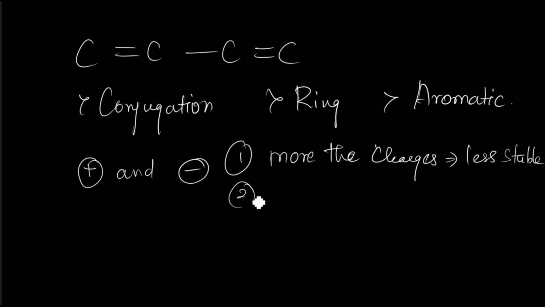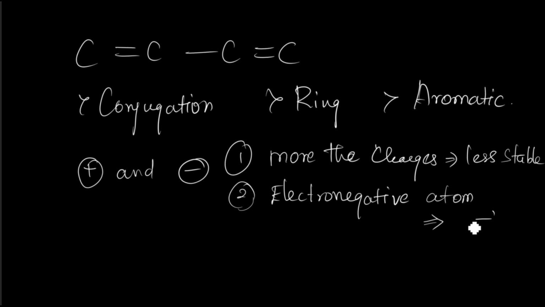The second thing is that an electronegative atom like fluorine, chlorine, bromine, iodine, and oxygen should possess a negative charge, and an electropositive atom should get a positive charge. That gives you more stability.